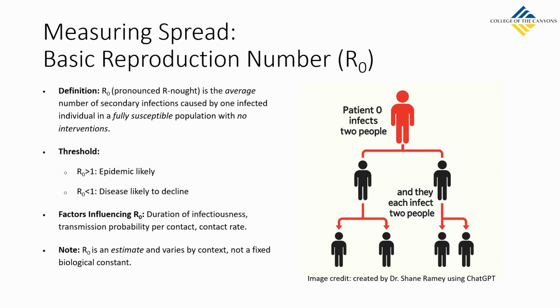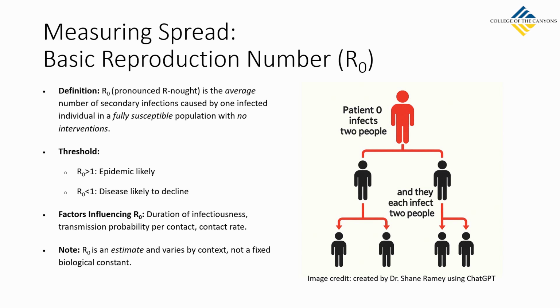So this would have been true early in the COVID-19 pandemic when no one had immunity, and there was no vaccine yet, right? So that would be an example of when this would be the case, when everyone in the population is fully susceptible to a particular pathogen.